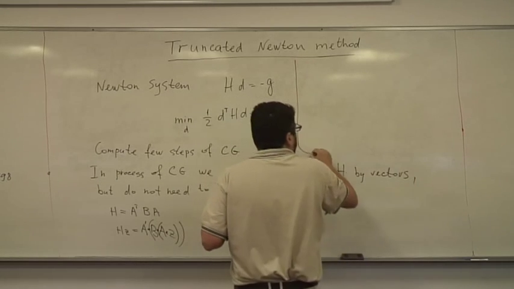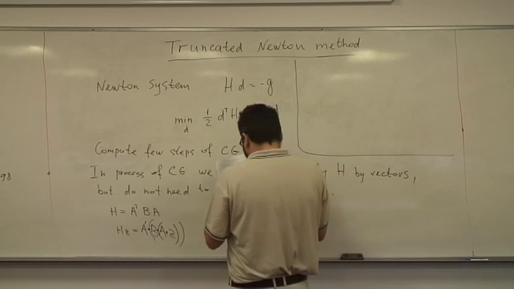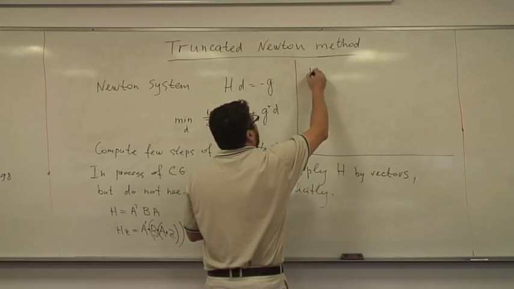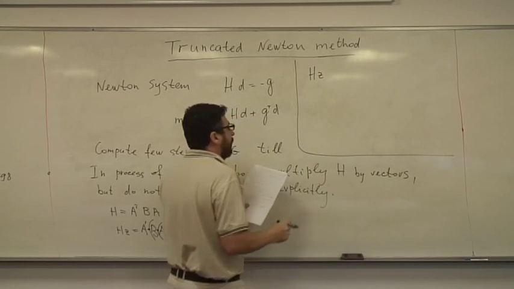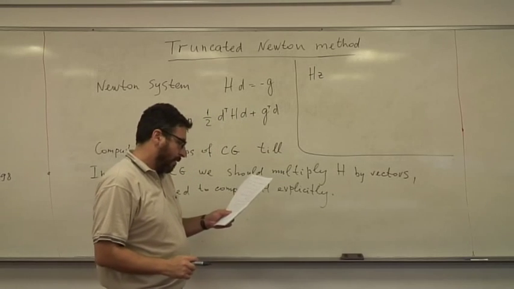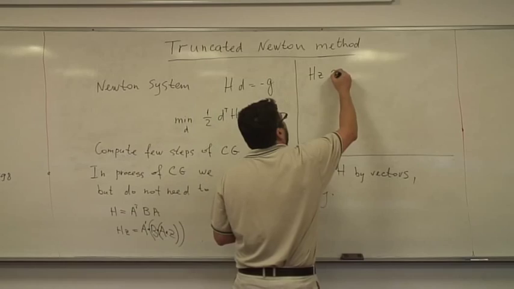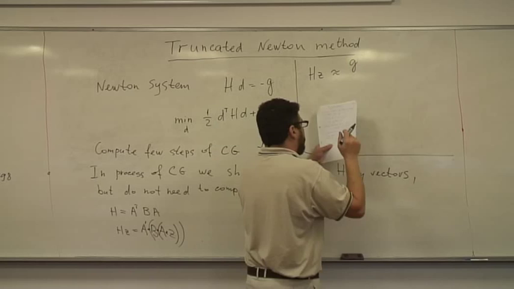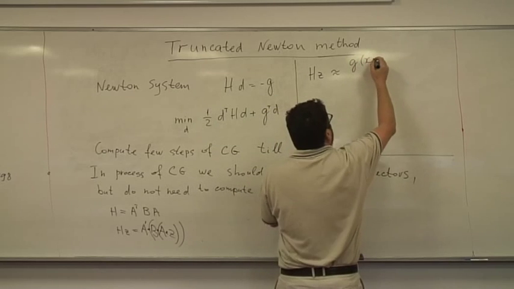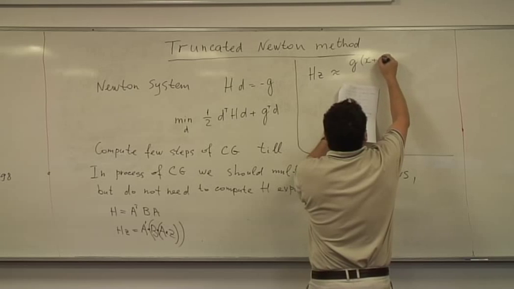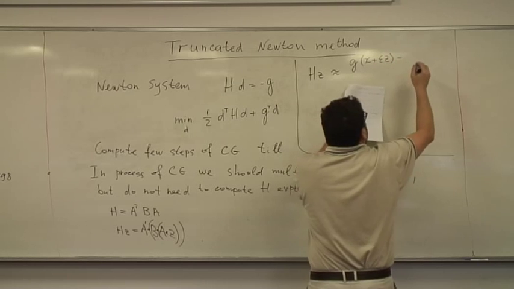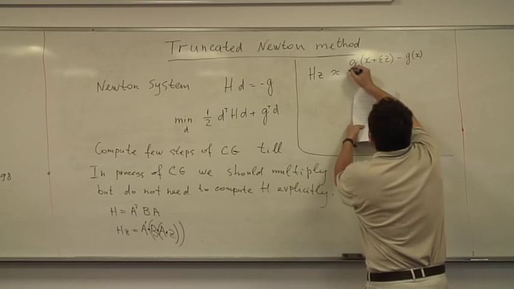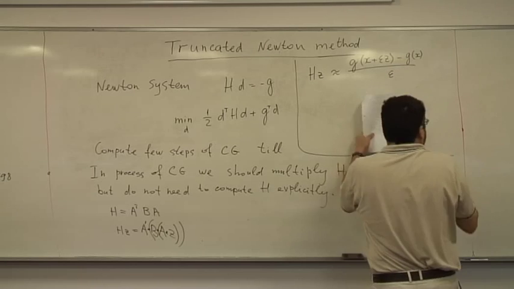I will just write you a formula: H multiplied by vector z is approximately g at the point x plus epsilon z minus g, the gradient g of x, divided by epsilon.